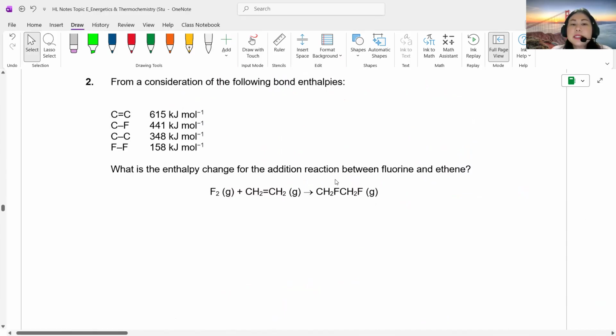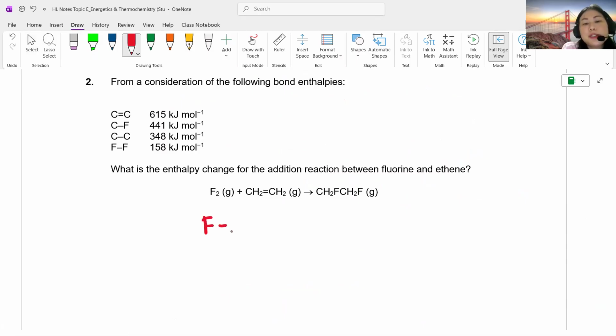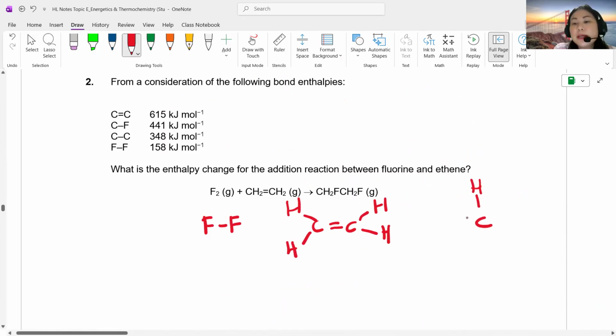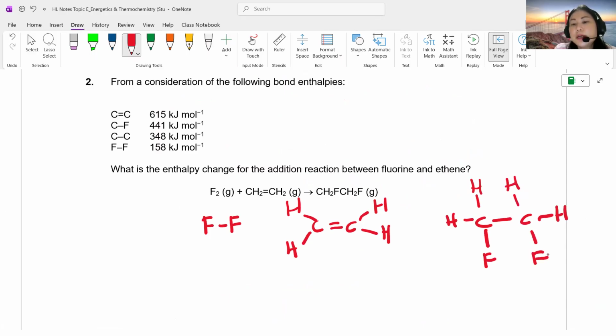All right, now this is the reaction. So usually in the past, what your teacher will teach you to do is you ask you to draw out so that you can count how many CH bonds, how many CC bonds are there. So if you draw out, then you can count the bonds. So what you will do is you will first draw out the structure, and then you see they are all gases, right?